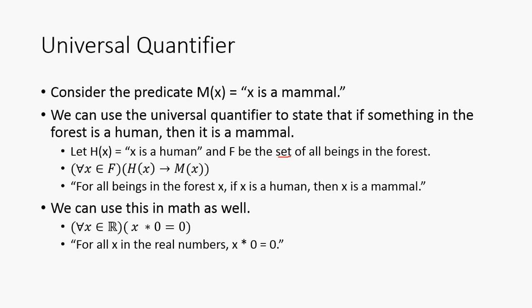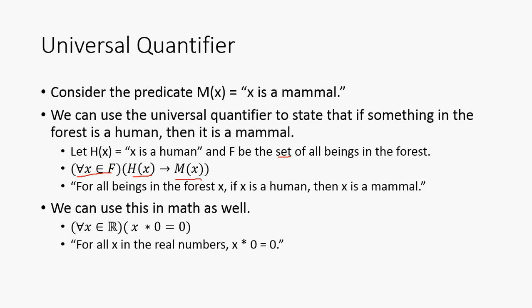So here's how we could represent something like this symbolically. For all x in the forest, so for all elements in the forest, call them x, it's the case that if x is a human, then x is a mammal.